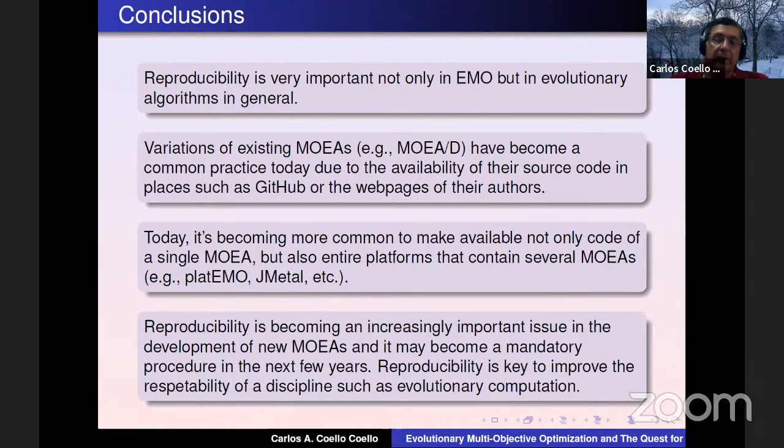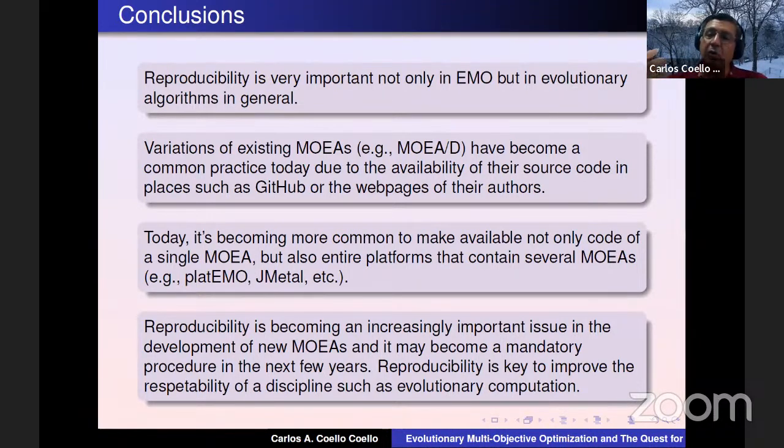Reproducibility is becoming increasingly important in this field in EMO, and it may become mandatory in the next few years. We don't know. Some people are reluctant to do that, but it may happen. And I believe it's very important to improve the respectability of the discipline, because today there are, for example, many metaheuristics that people have severely questioned, that they are not real in the sense of not being new, that they are making up a metaphor, but the actual implementation is differential evolution or some other well-established metaheuristic.